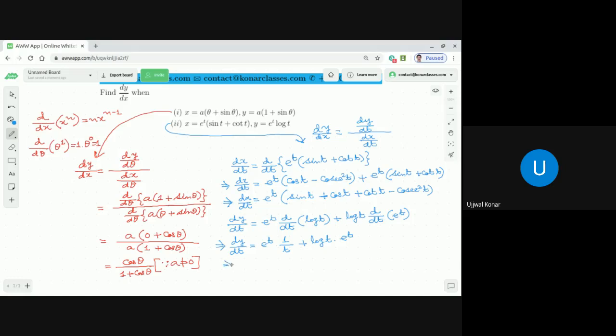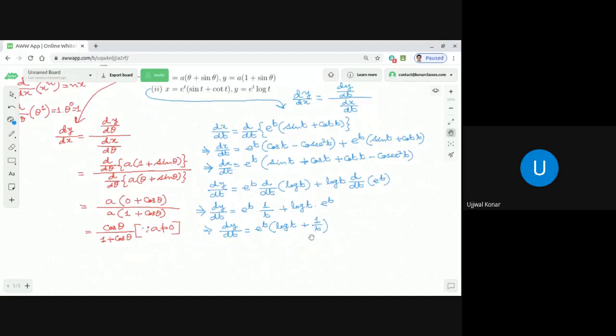So from here, we can take e^t common and we get dy/dt equal to e^t (log t plus 1/t). Correct or not? So these are the values we got, dx/dt here and dy/dt here.